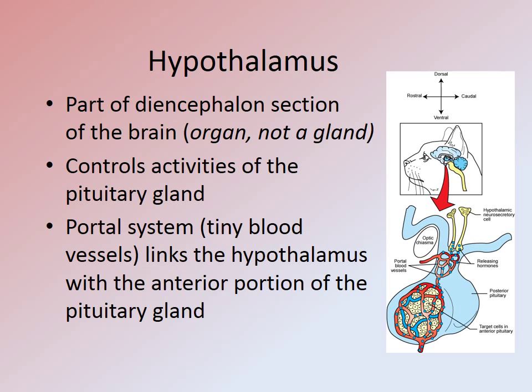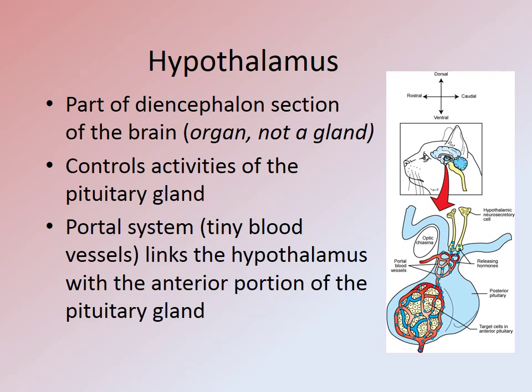So, we just listed all of the endocrine glands, but the hypothalamus should be mentioned because it plays a huge role in the endocrine system, except it's not considered an endocrine gland because it's actually an organ. It's a part of the diencephalon section of the brain, so it is considered an organ and not a gland.